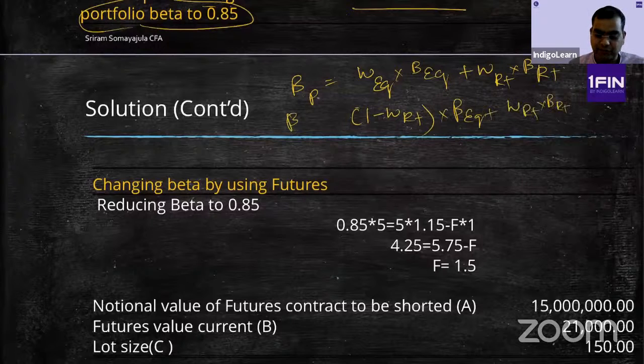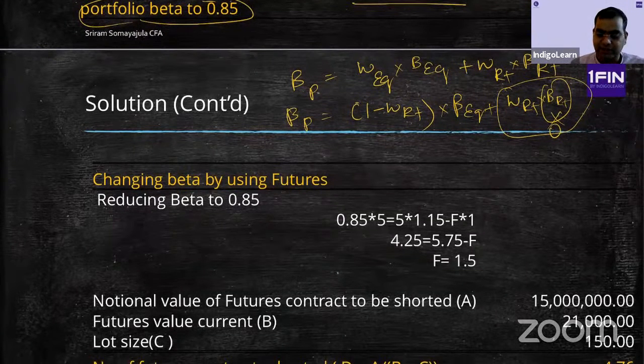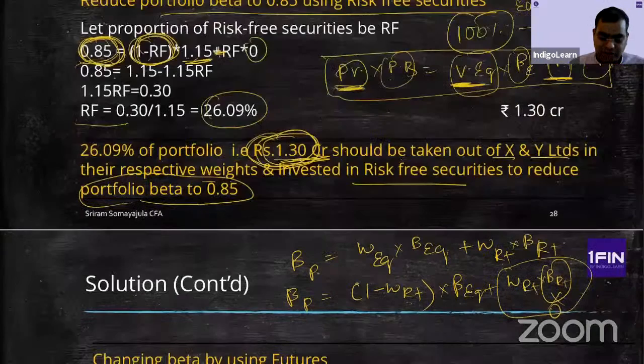This is the beta of portfolio, and this beta of risk-free is 0, so this whole part of the expression becomes 0. So beta of portfolio is 1 minus weight of risk-free into beta of equity. If you solve for this, you'll get the answer. That is exactly what we have done here, where we said 1.3 crores should be taken out of X and Y.